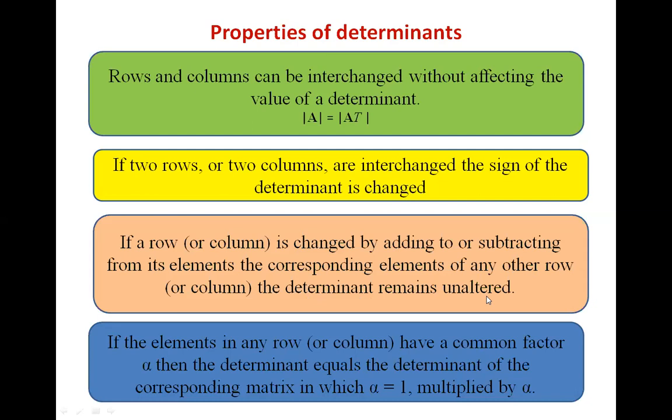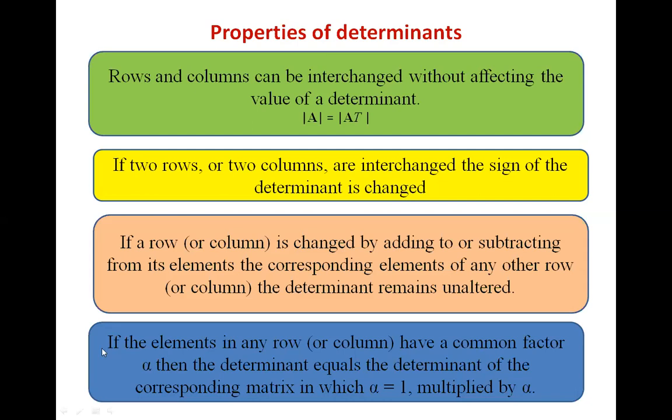It means that if you are taking, for example, in one column, 10, 20, 30 as the values, and you subtract a particular number, for example 5, or you add 10 to each value, the value of determinant will remain the same. It will not alter. So this is again a very good property.